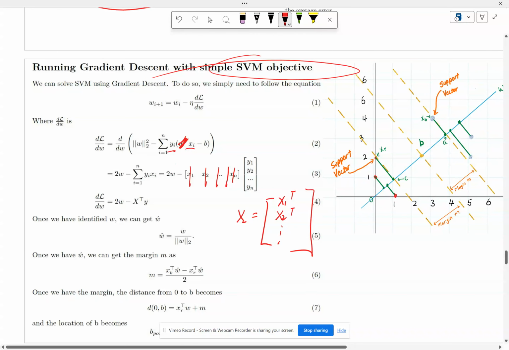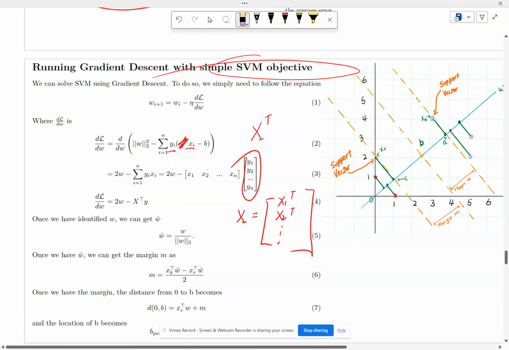That's how we represent a bunch of data. Therefore, this one here is X transpose. Now, write this together: X transpose times y, where y is this entire vector here, plus 2w. So the derivative is really easy to find. Now that you know the derivative, you can essentially run gradient descent and then solve for w. You'll find the optimum w.